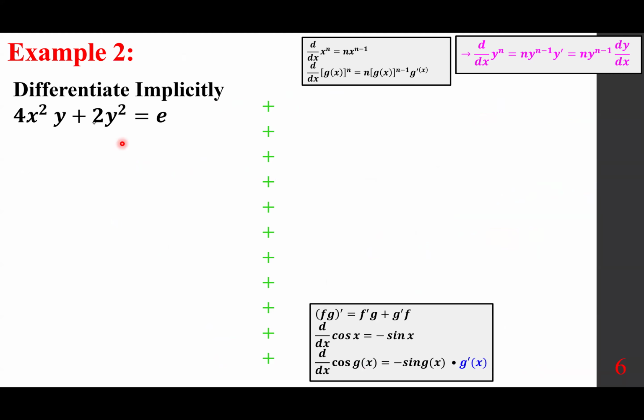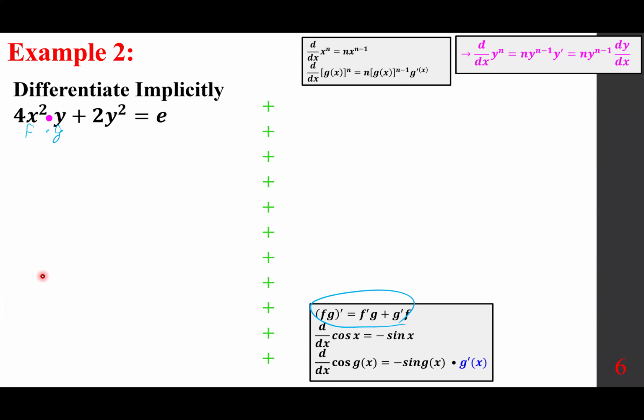We want to differentiate this implicitly. We notice it is the product of 4x squared and y. Therefore, we're going to put a raised dot in between. And we are going to use the product rule on that.